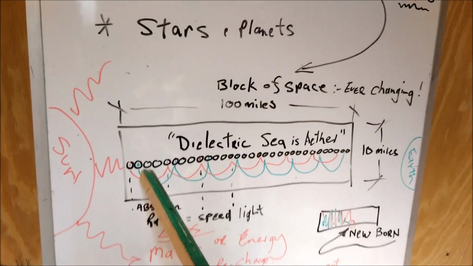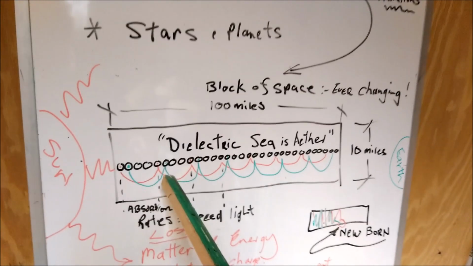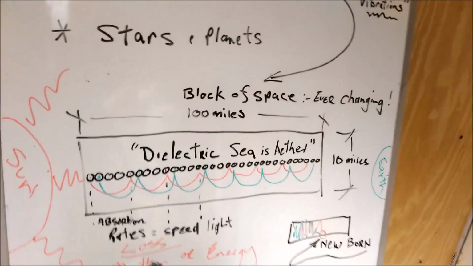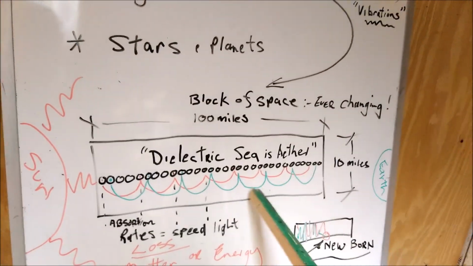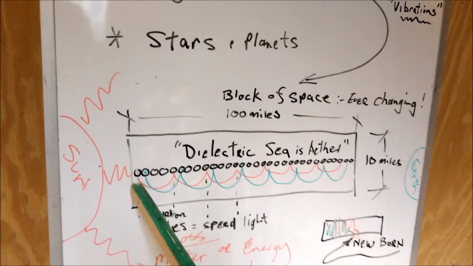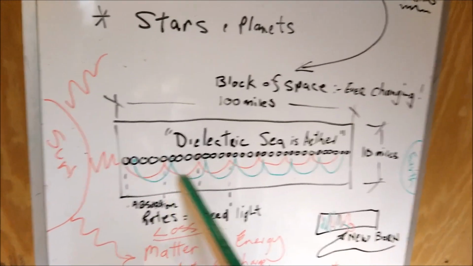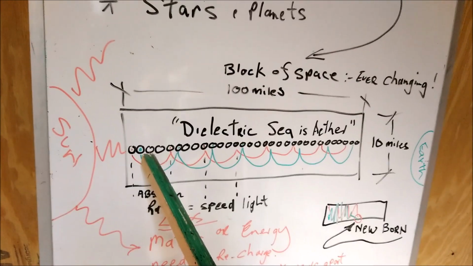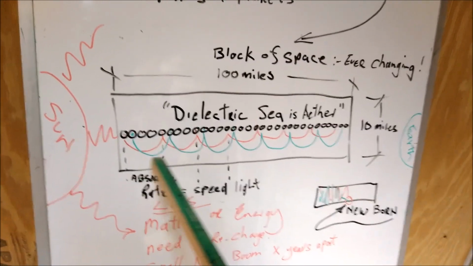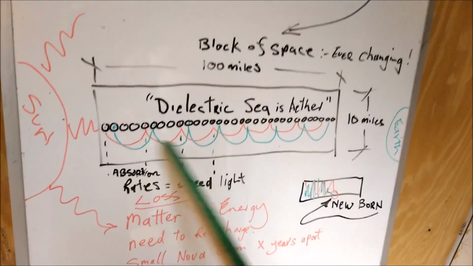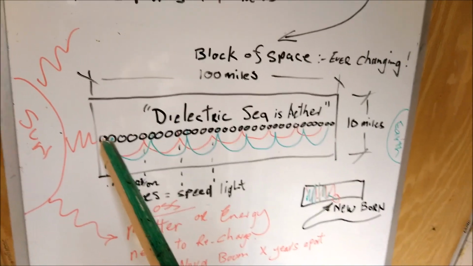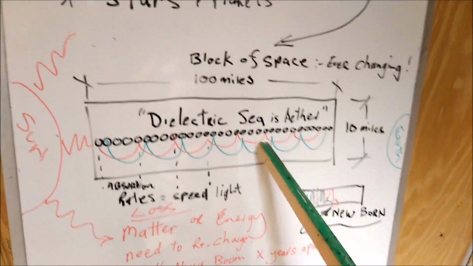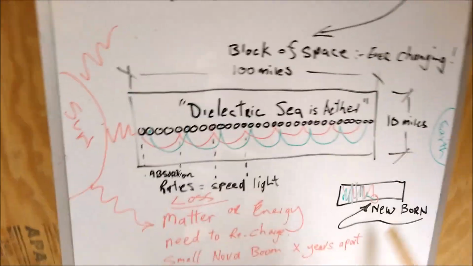But the frequencies that travel in space are fast and slow. So in this dielectric sea, we've got these red and green loops here, which represent frequencies, and these dotted lines represent absorption rate. So in the ether, the light travels and is absorbed at a set of frequencies, or absorption rate.